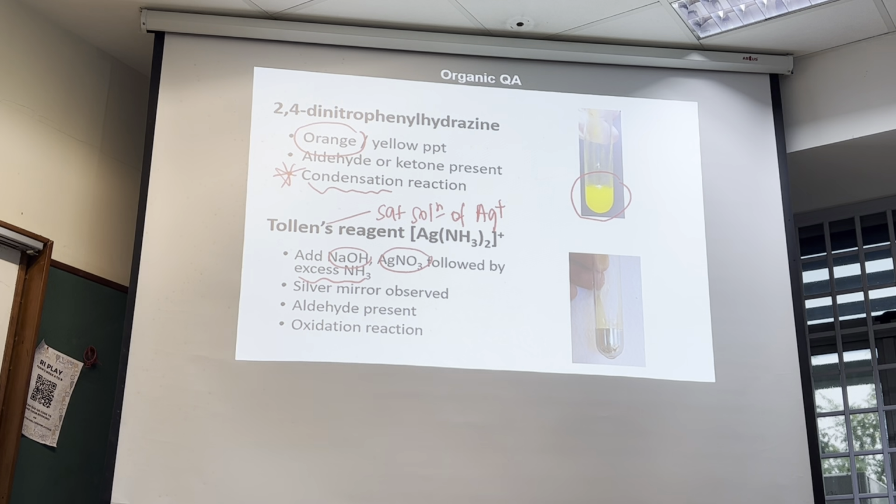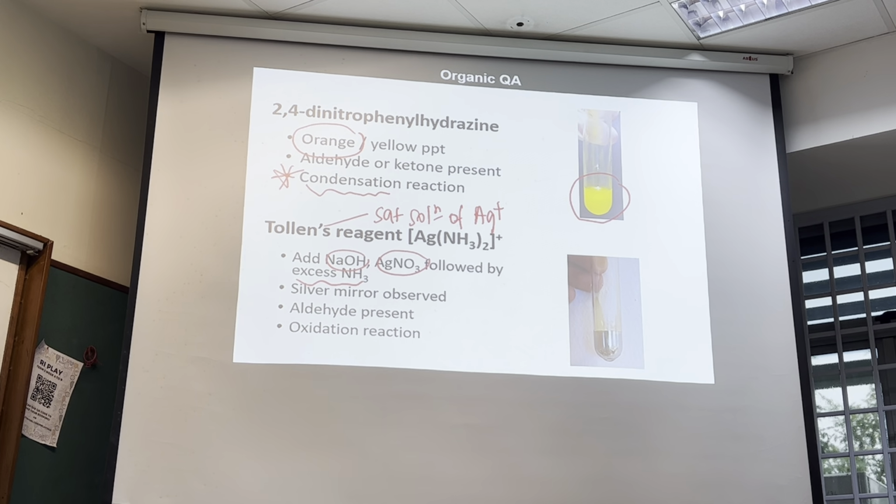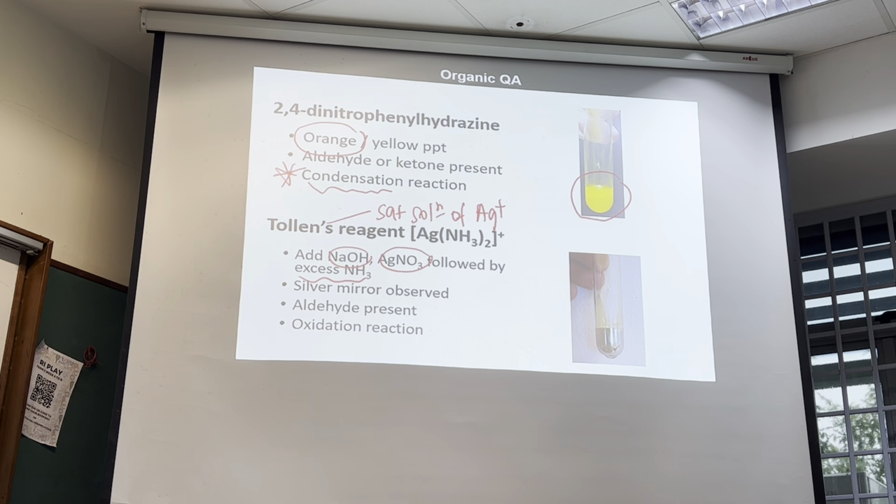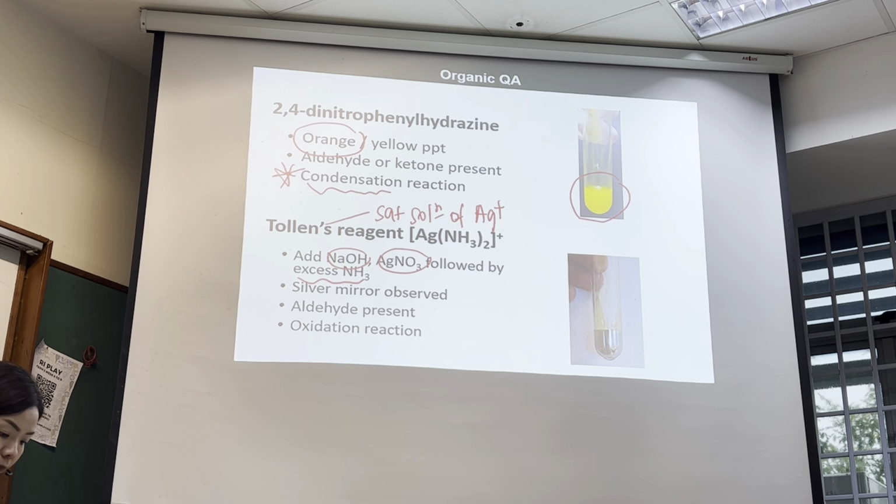You should not have PPT in the Tollens' reagent. It's a saturated solution. So dissolve, and then after that you decant or you filter away. Tollens' usually they won't give you, they will ask you to prepare, which is like what you did in practical. Silver mirror is the positive observation, usually with heating.